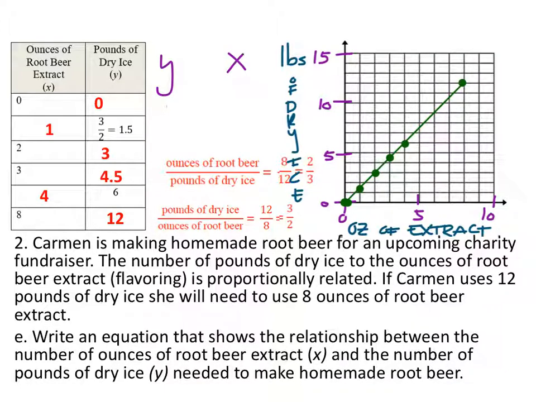Now, from the proportional constant that we just figured out was 1.5, we know if I take 1.5 and multiply it by any of the x's, then I get the y value, or the number of pounds of dry ice. So this right here is what would represent the equation. Now they're going to show it as y equals 3/2 x, and that would work as well if you want to show the fraction.